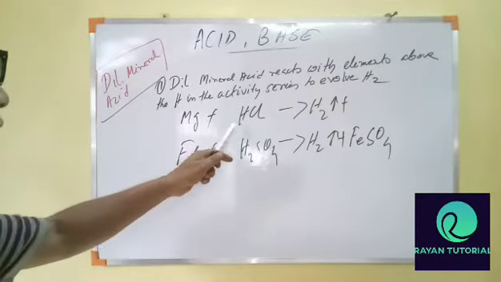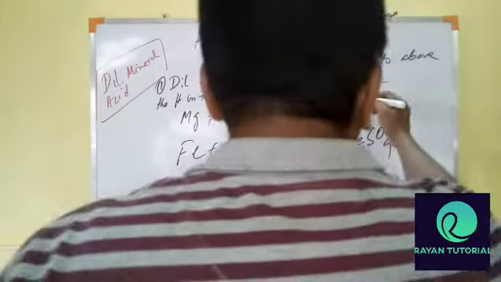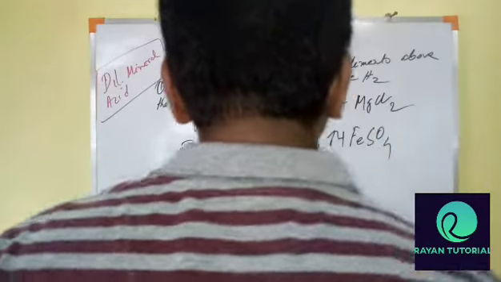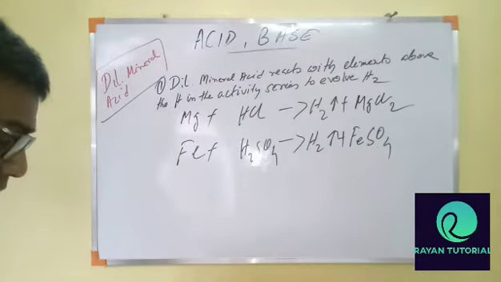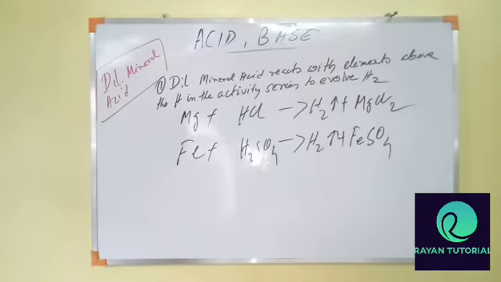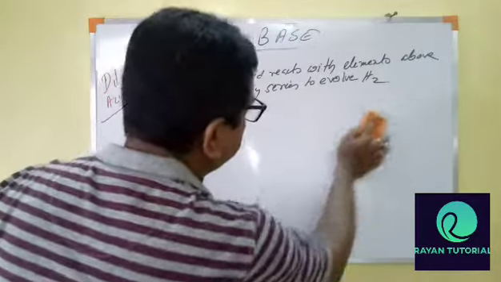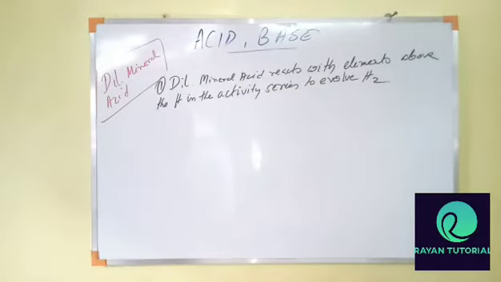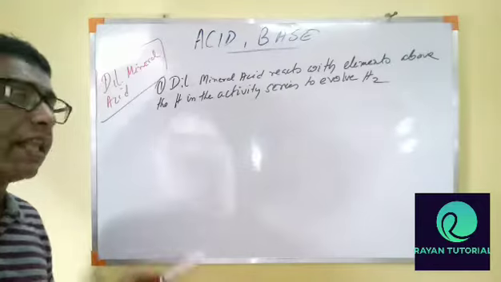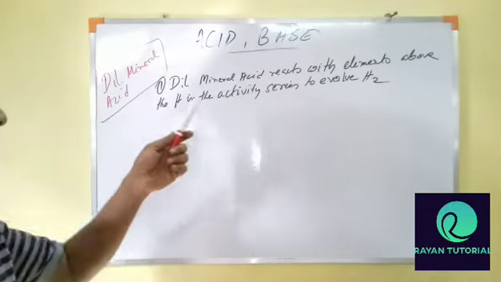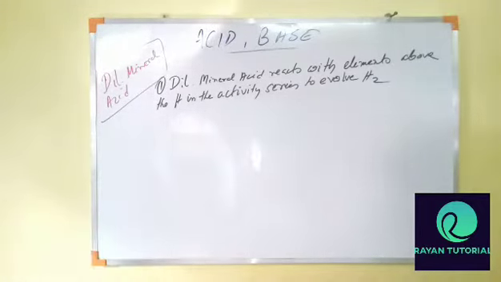Here hydrogen evolves, also MgCl2. Clear? What else? What will happen to metals? So from here you can see that metals above hydrogen in the activity series will always evolve hydrogen.